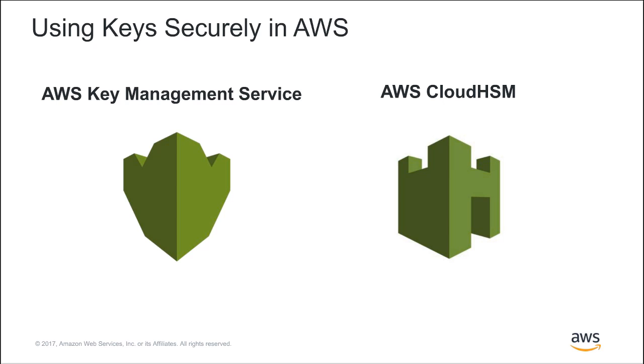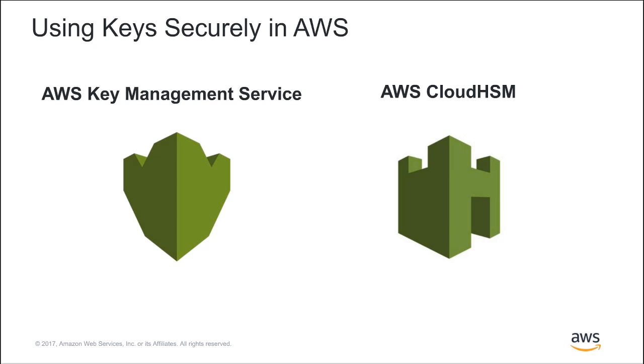AWS CloudHSM provides you with a dedicated FIPS-validated HSM under your exclusive control within your VPC. KMS is a multi-tenant managed service for your keys. KMS lets you enforce who can use your keys, when they can get rotated, and who can manage them. It is also integrated with several AWS services. Both services offer a high level of security for your cryptographic keys.